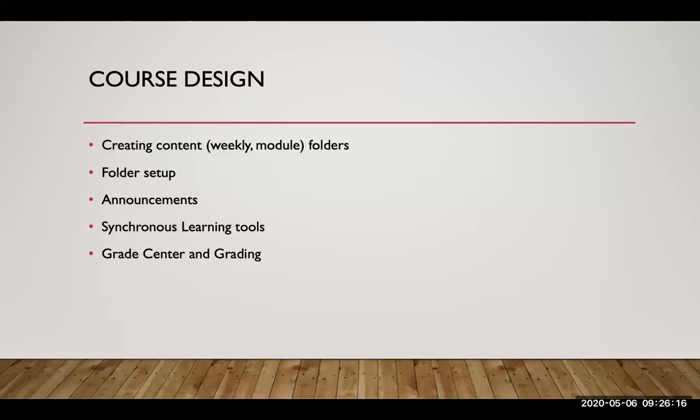Everything is out of 100. All my assignments are out of 100, all my tests are out of 100. My discussions are out of 5 points or 3 points. Once you do that in Blackboard, you can weight your columns.